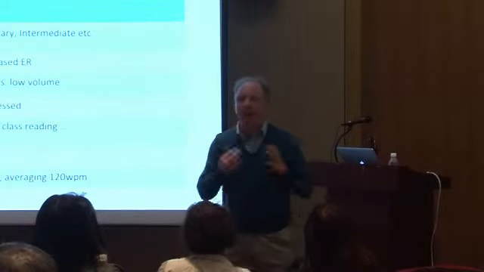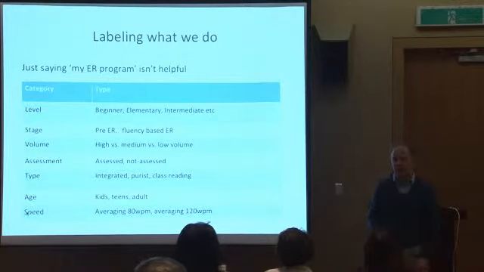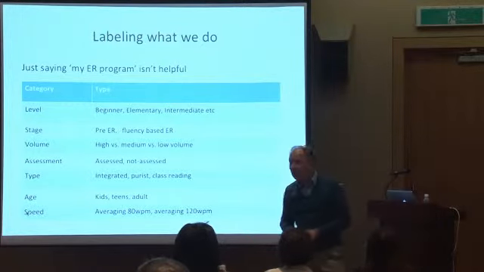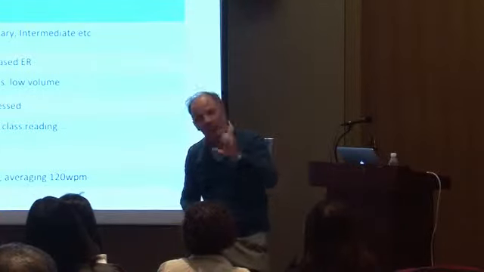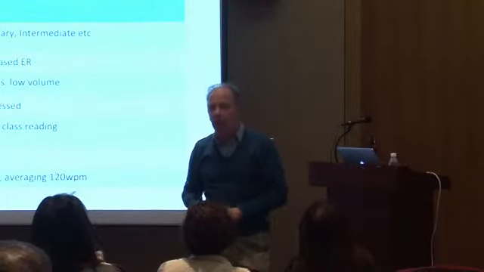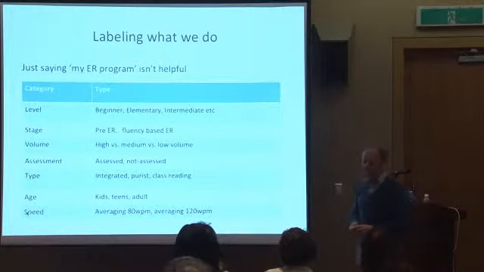So when we're talking about my ER program, which one are you talking about? Which combination of these 40 or 50 different combinations of ER programs are you really talking about? We need to be quite careful when we're talking about my ER program. My ER program isn't helpful enough, particularly for research papers.